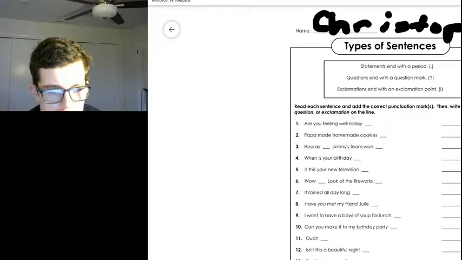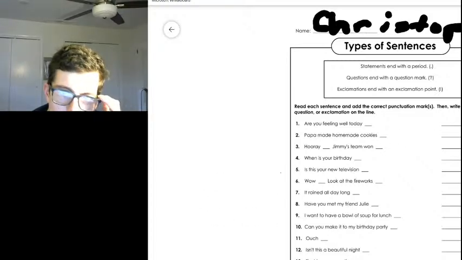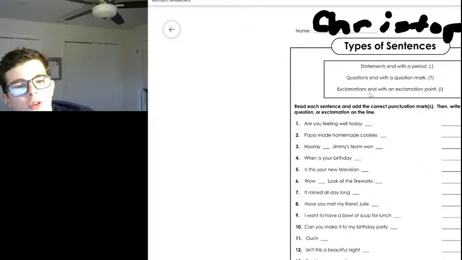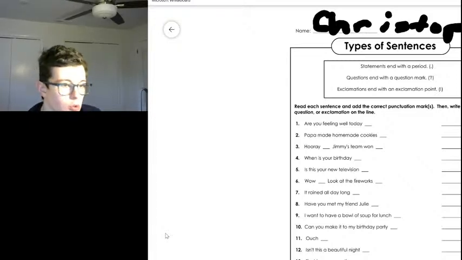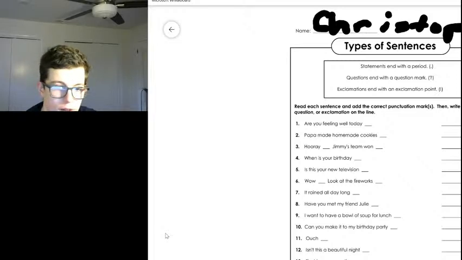Put an exclamation point to emphasize that this is my name on the worksheet. Okay, so what we're going to do here is read each sentence and then add the correct punctuation mark. And we're going to write statement, question, or exclamation on the line. So no imperative sentences this worksheet, but we're just going to say if it's a statement, a question, or exclamation point, and you're going to put the punctuation. So I'll give everyone 30 seconds for the first question.